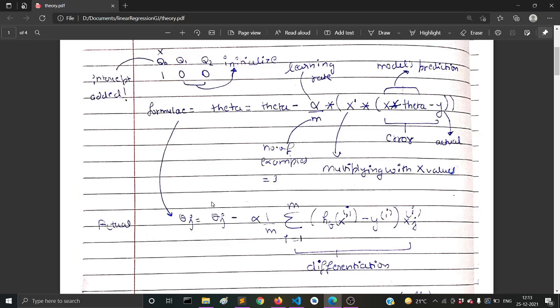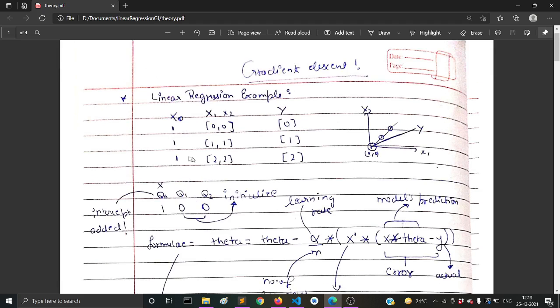Whenever some thetas are multiplied with x values and give us some output, it results in some error. That is, the output created is somewhat away from the real values, which are 0, 1 and 2. So we try to fix those weights in order to get close to the output values. That, in a sense, is gradient descent.